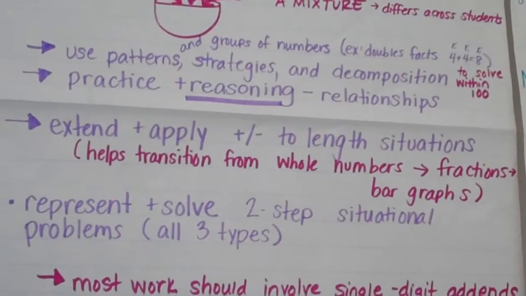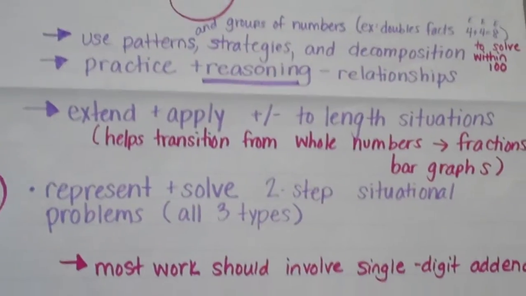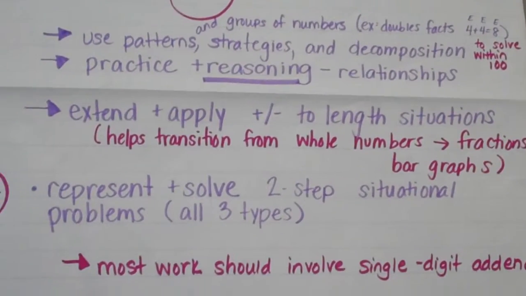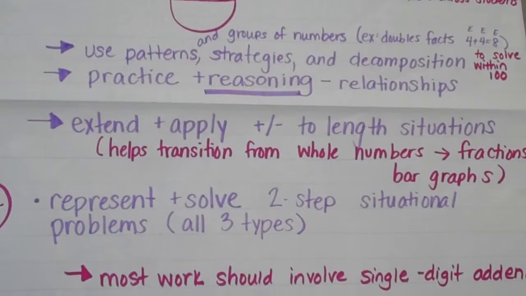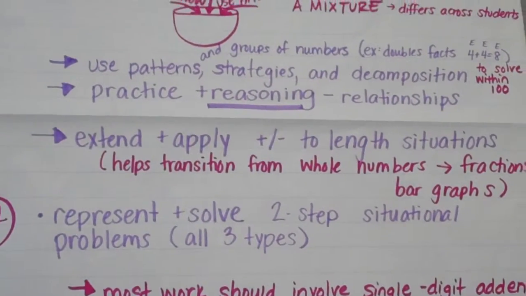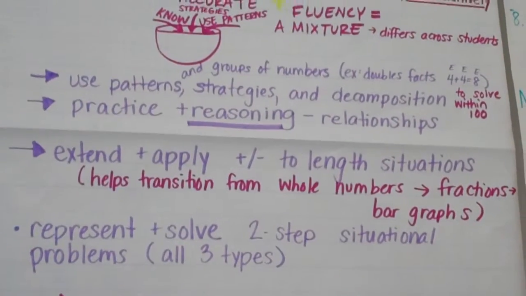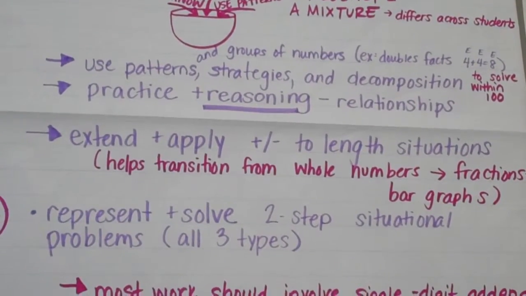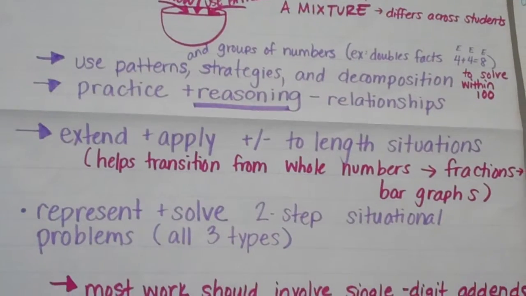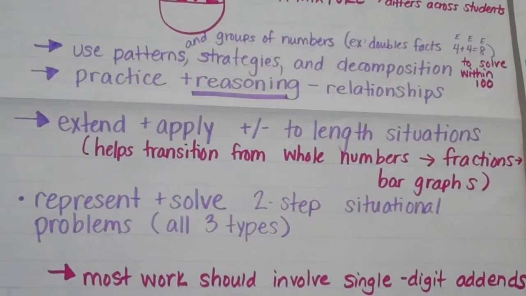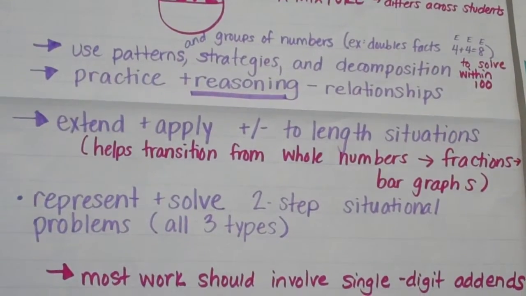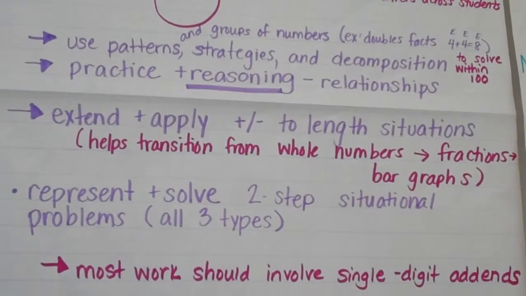Practicing reasoning with relationships. That's another shift from grade 1 and kindergarten. We're noticing that we're going from a more concrete situation from the top down as we progress, and we're much more in that abstract with reasoning and the relationships. Extending and applying addition and subtraction to length situations.